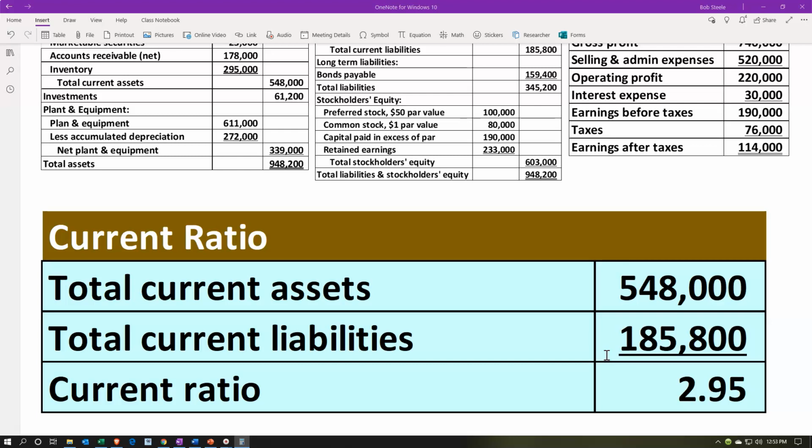Now, this ratio you can compare to industry standards as well. But obviously we want this one to be over 1, because if it's not over 1, that means our liabilities would be greater than the assets, which means we would have problems paying off the current liabilities, you would think, right? So you'd want to be greater than 1.